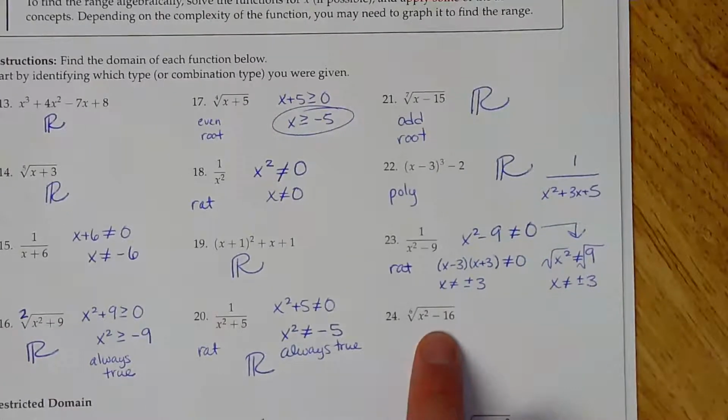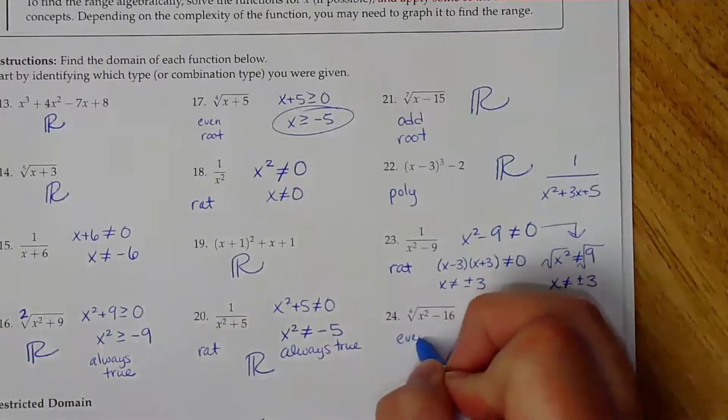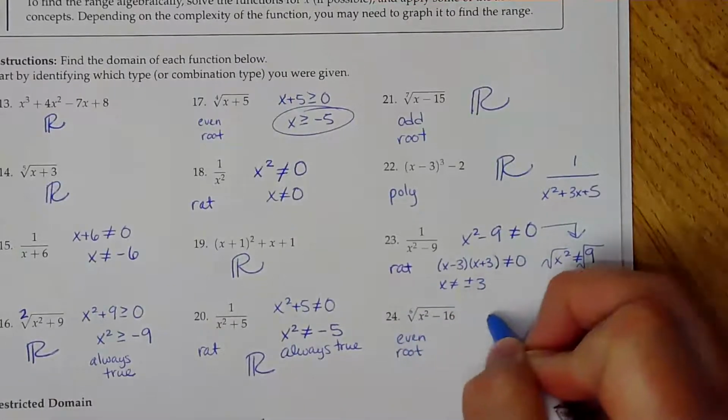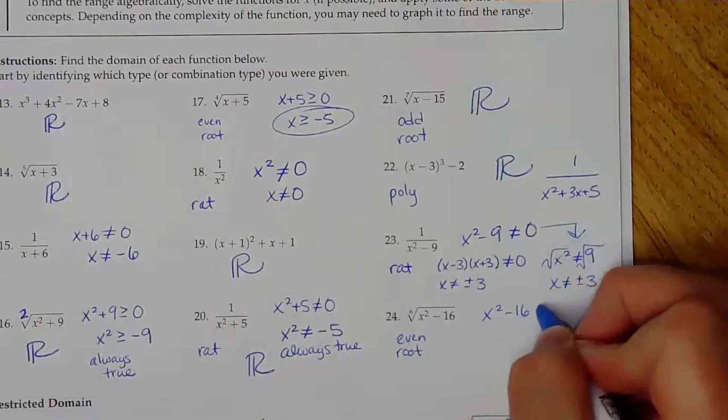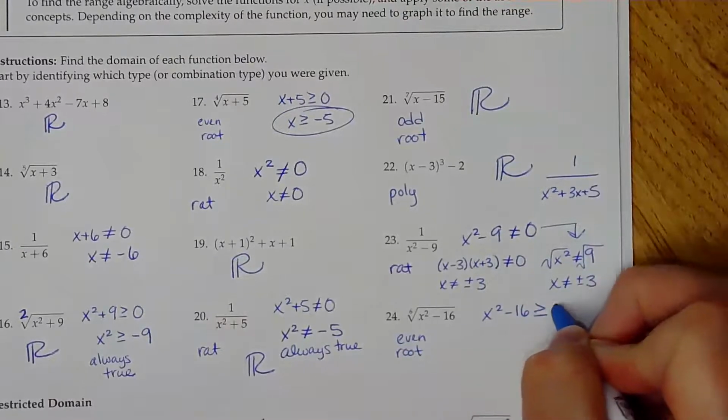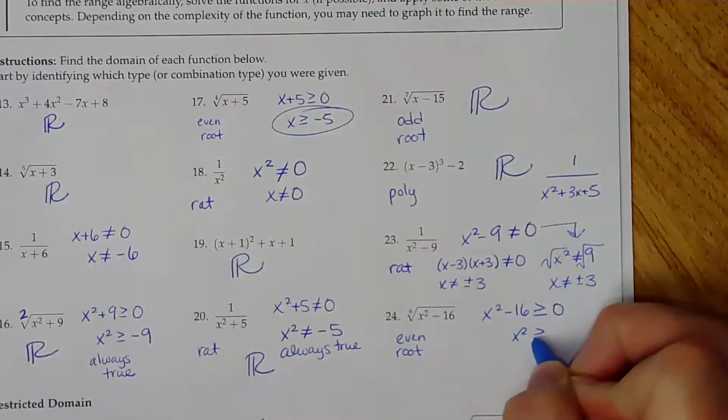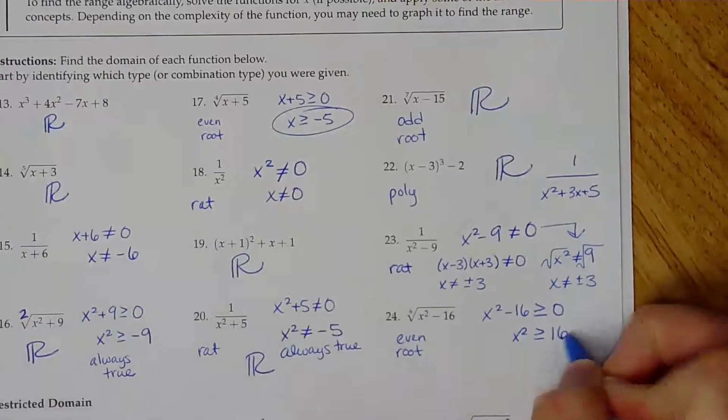24, last one on this, and this is an even root. This means I need x squared minus 16 to be greater than or equal to 0. So that means I need x squared greater than or equal to 16.